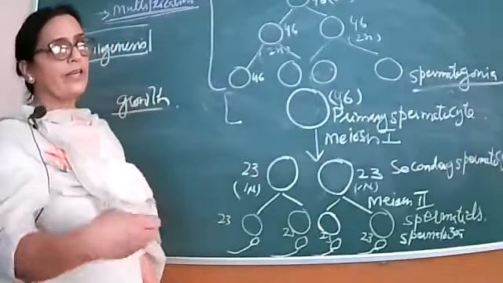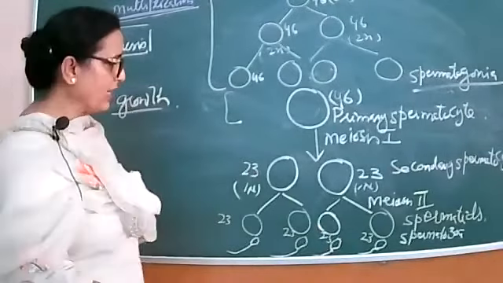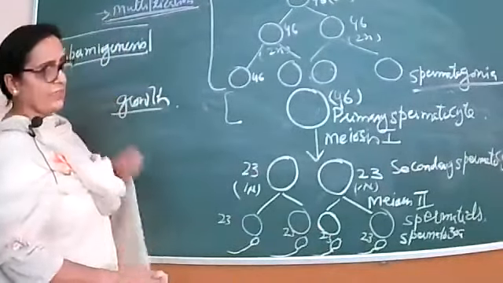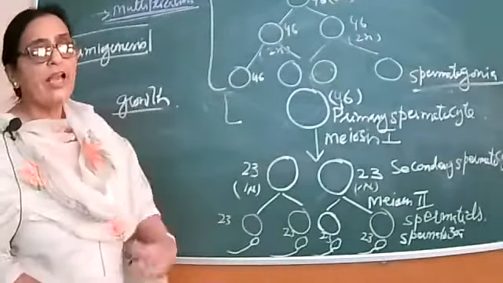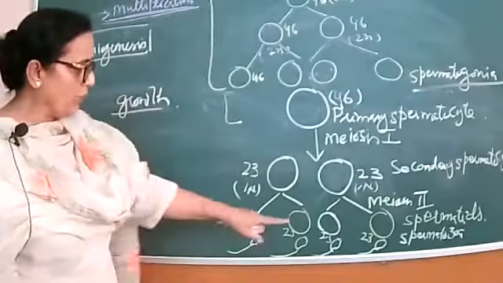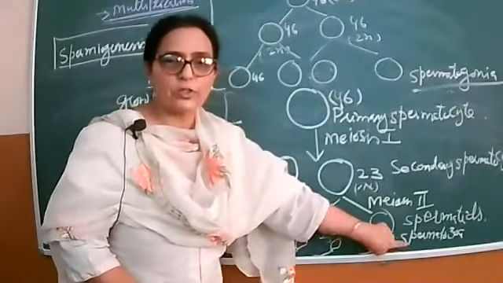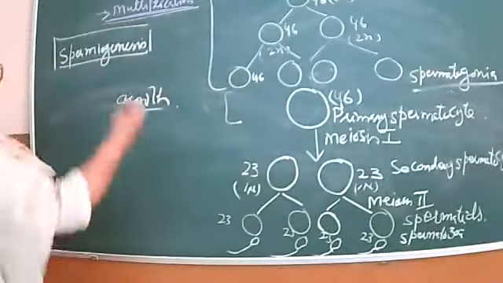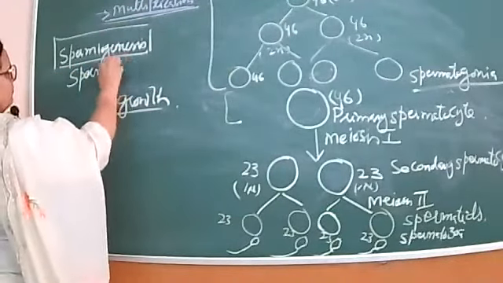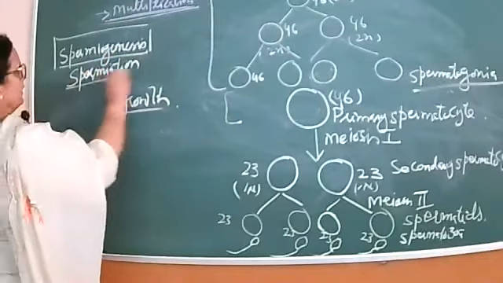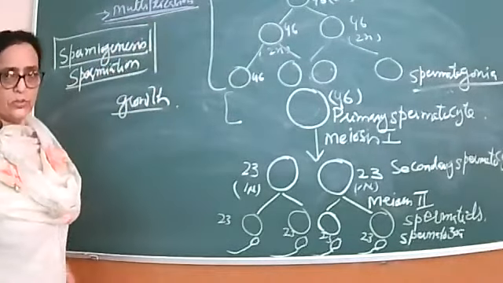They give nourishment to them, and then they will be released from the seminiferous tubules. The release of the spermatozoa from the seminiferous tubule is known as spermiation. So these are very important terms, right?